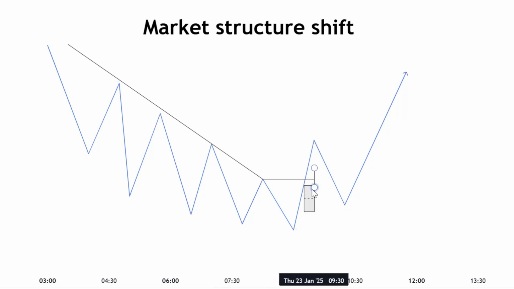So in these cases, this is not a market structure shift as it only grabs liquidity above the old high. In most cases, if this occurs, it means that the buyers tried to outweigh the sellers here, but the sellers were still in much control and pushed price down and closed with a rejection candle.